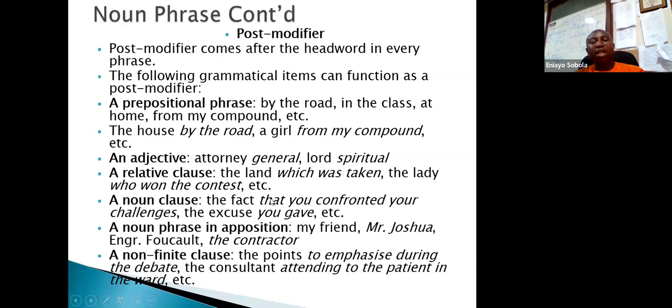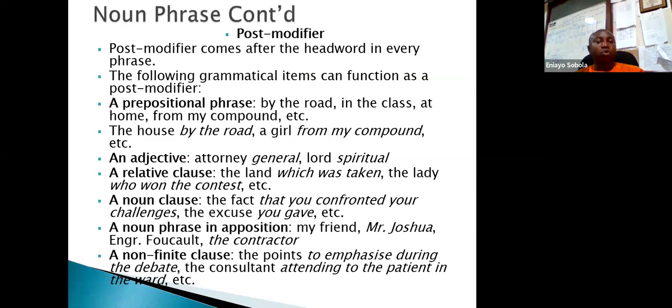It's a noun clause, and that clause post modifies the noun head. Another example, the excuse you gave. You gave is a clause, a noun clause, which post modifies the noun head excuse.